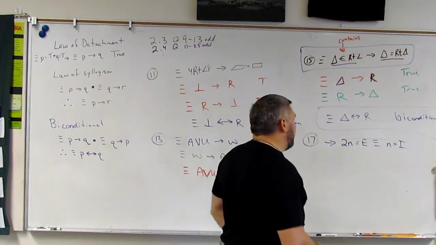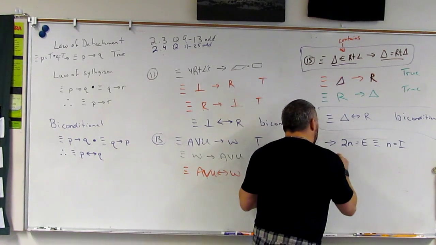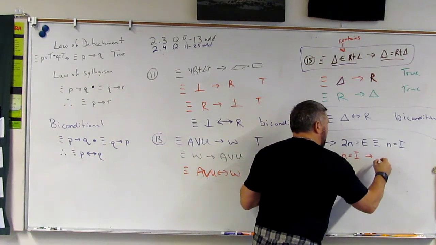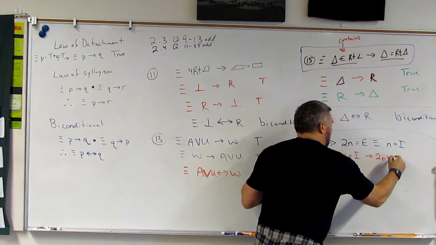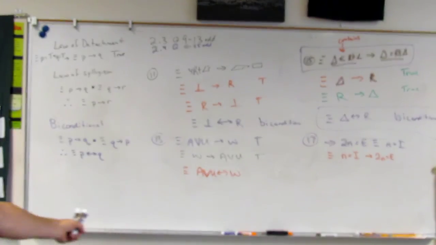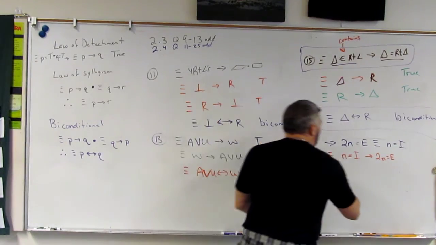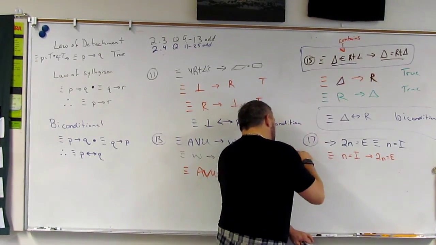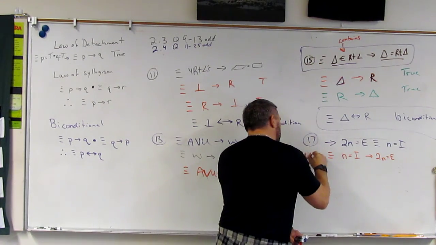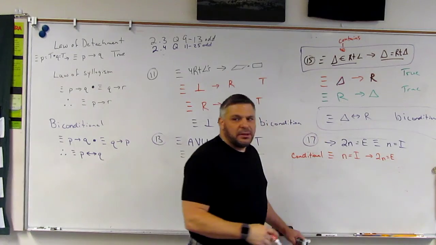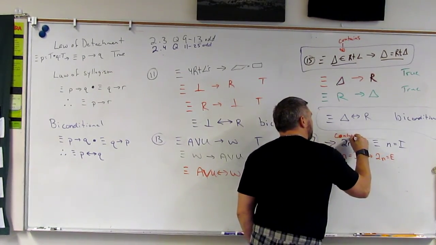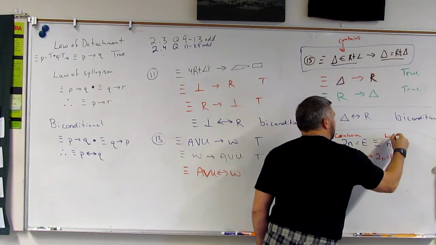All right, let's think about that. First of all, if n is an integer, then 2n would equal an even number. Is that true? This is the actual conditional statement, made out of this, because this is your conclusion and this is your hypothesis.